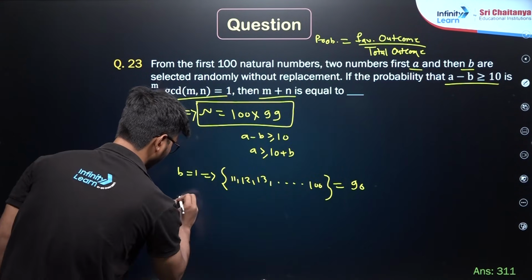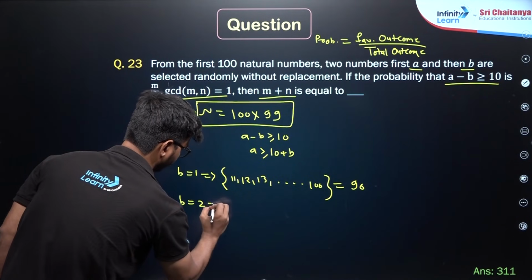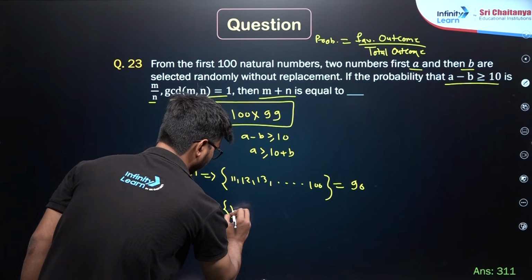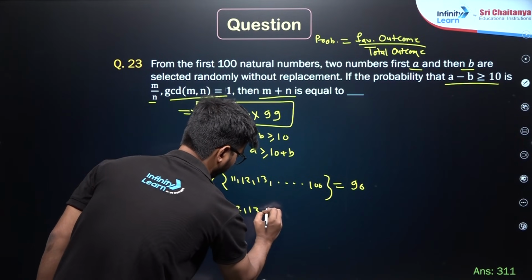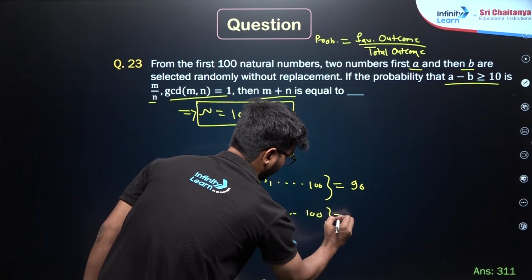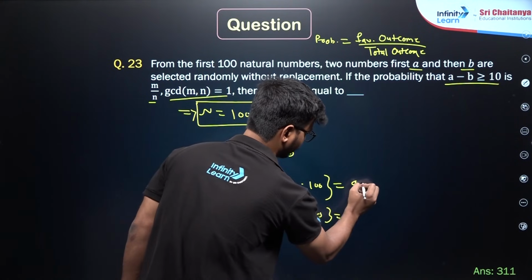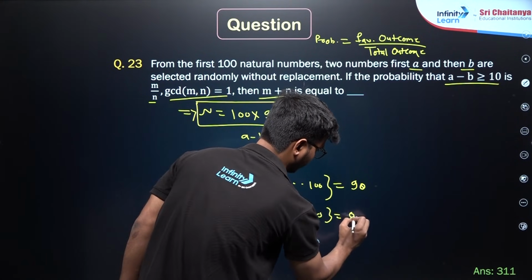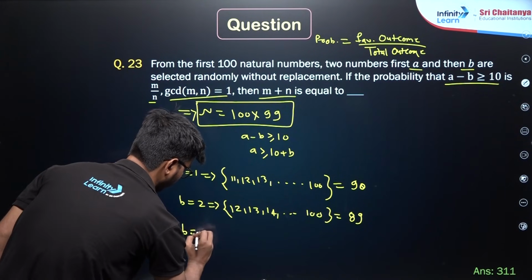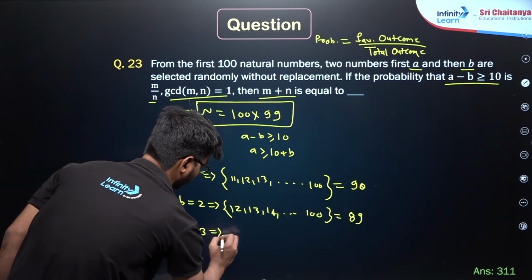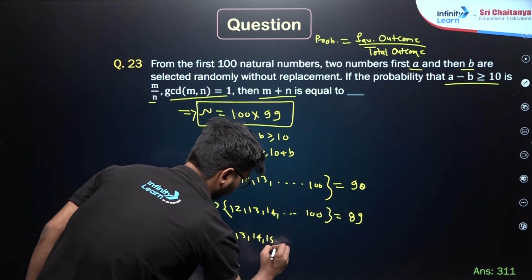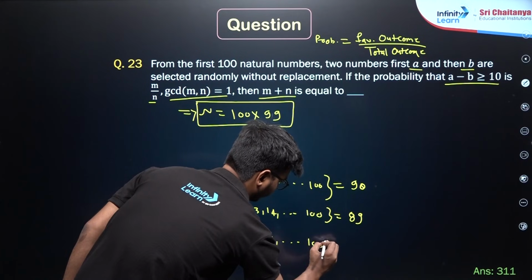When I choose B equals to 2, I am going to get 12. So from 12 it will start 12, 13, 14 up to 100. Now one term is less than the previous, so it was 90, so it will be 89. Correct? Similarly for B equals to 3, we are going to have 13, 14, 15 and up to 100.